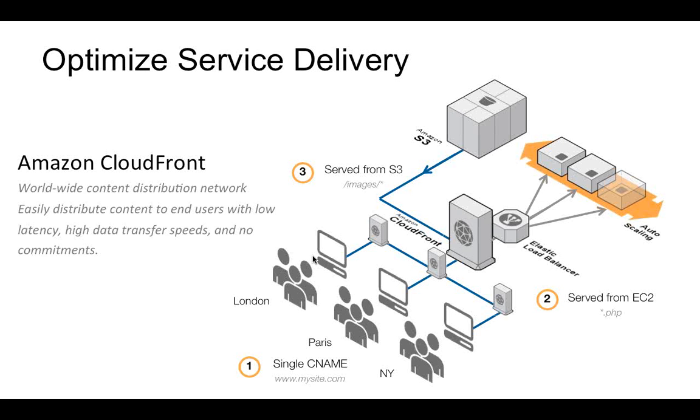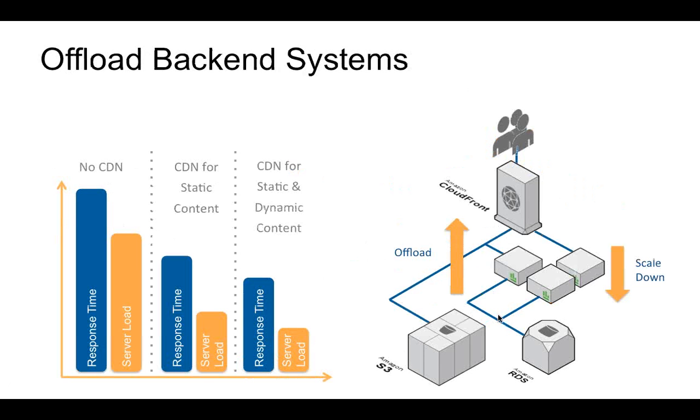Furthermore, you want to serve the content from a location that is near the subscribers, near the users. Here we have groups of users from London, Paris, and New York. And with the CloudFront distribution, we can cache the content near the users. That gives them low latency, high bandwidth connectivity. And furthermore, it's also offloading the backend systems.